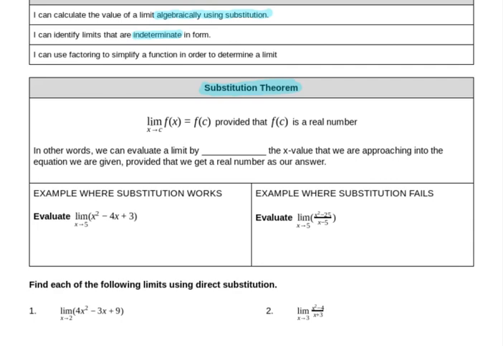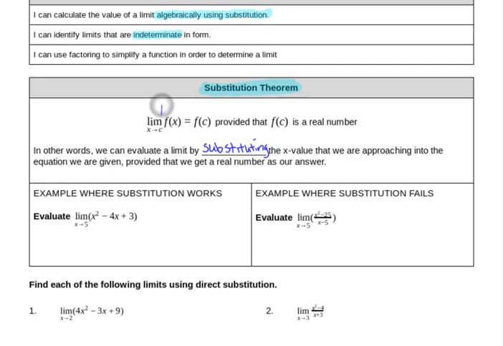This really means that we can evaluate a limit by substituting the x value that we are approaching into the equation we are given, provided that we get a real number for our answer. So this sounds a lot more complicated than it really is.